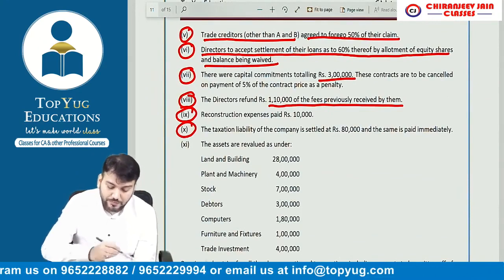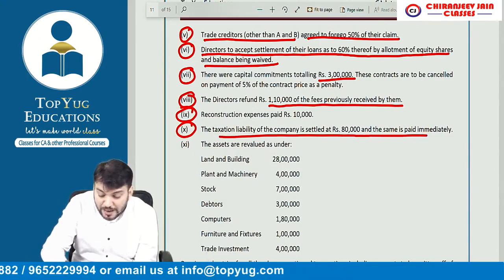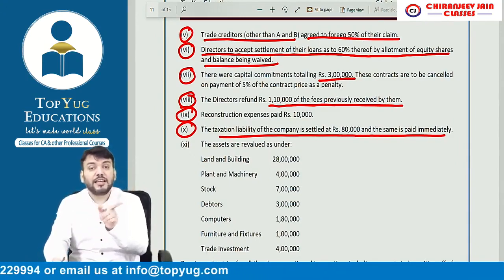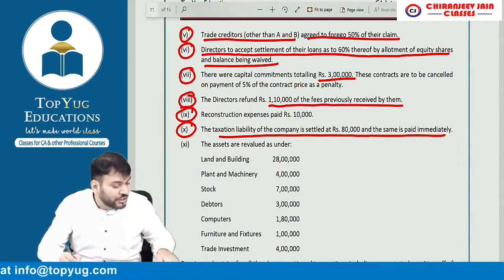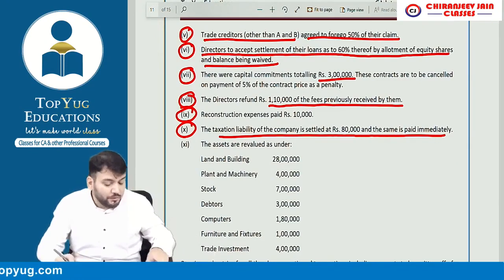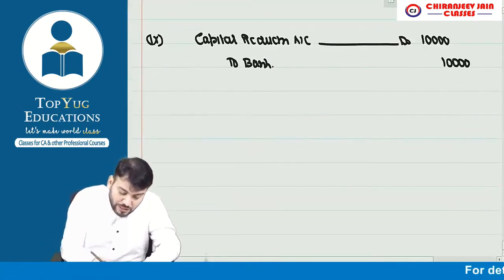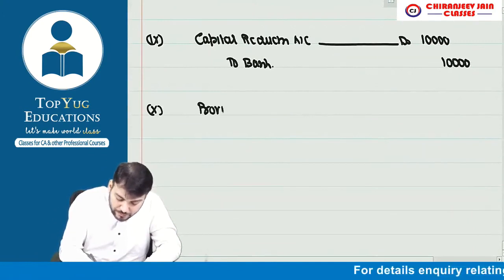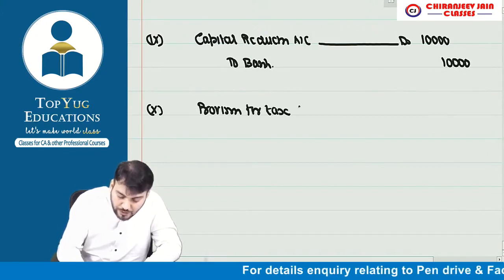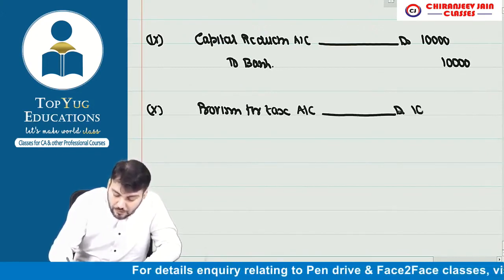Point 10. The taxation liability of the company is settled at rupees 80,000 and the same is paid immediately. They have given one provision for tax. Check how much the provision for tax is. 1 lakh. So its settlement happened at 80,000. So what journal entry? Provision for tax account debit 1 lakh.